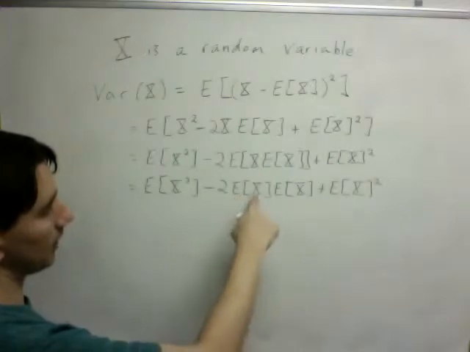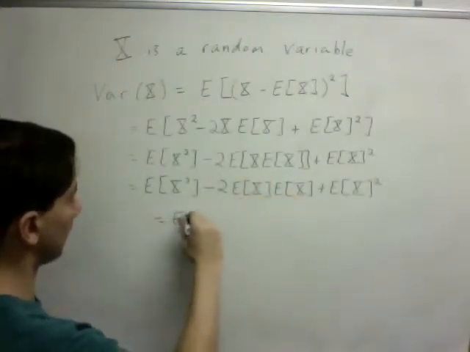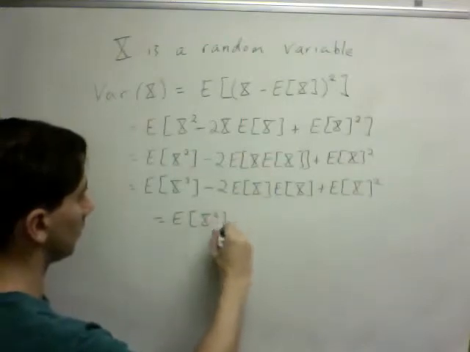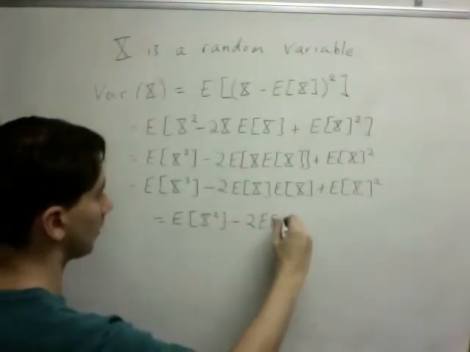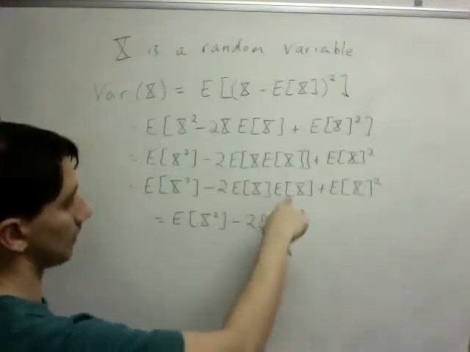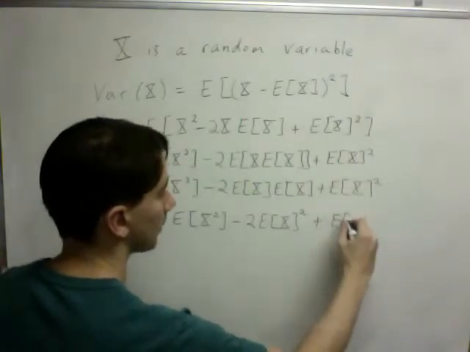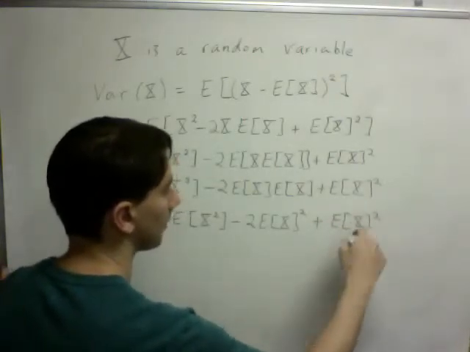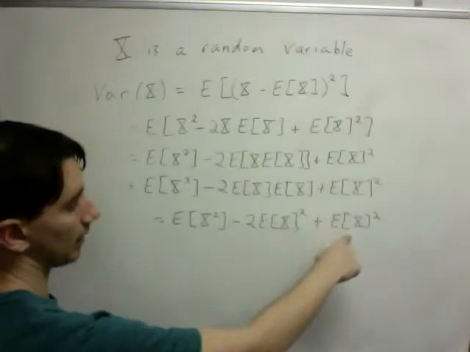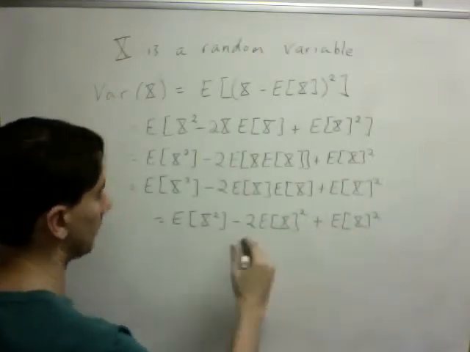And notice that here this is e of x times e of x, so that's actually e of x squared. So I get the expected value of x squared minus 2 e of x squared on the outside, plus e of x squared on the outside. And now I can combine like terms. So I have minus 2 e of x squared plus an e of x squared.